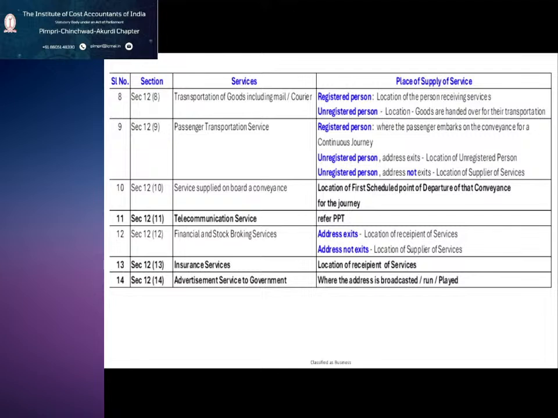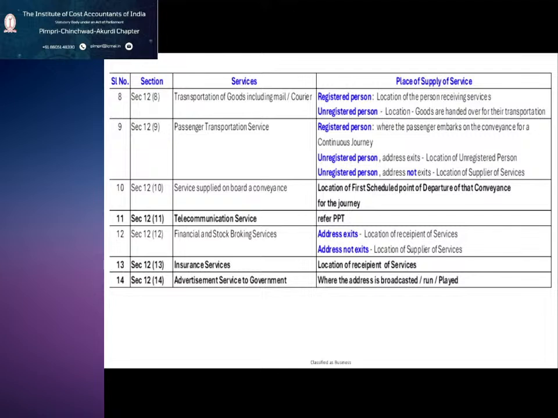If the train starts from Mumbai and ends in Kashmir, and on the way is Pune, if I am boarding at Pune, then it is mentioned where the passenger embarks, so where I get into the train. If I am getting into the train at Pune station, then the place of supply of services is Pune, where the passenger embarks on the conveyance for a continuous journey.